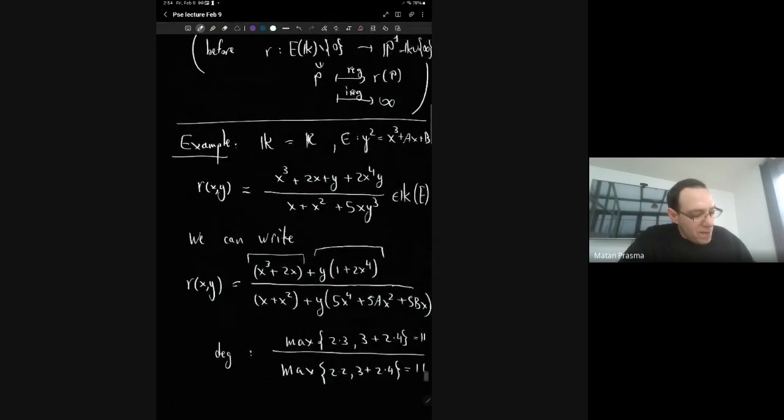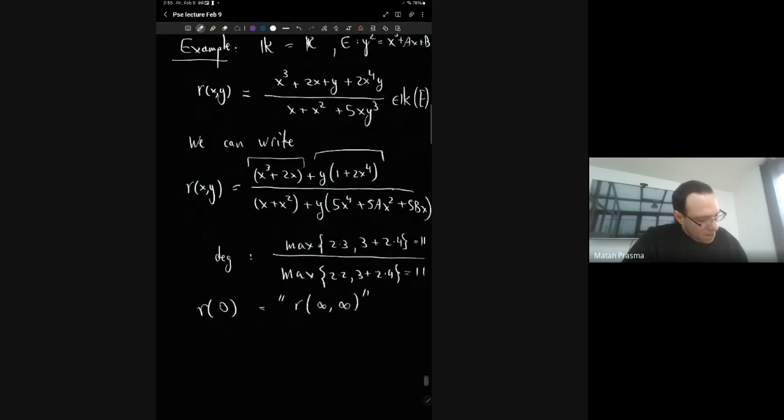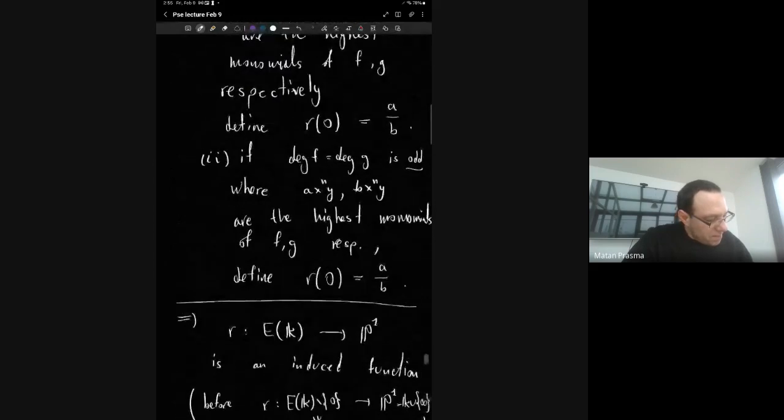Now if I want to evaluate R at the point at infinity, you can think of it as doing R, and instead of x and y, I substitute infinity. But then I go to the formal definition.